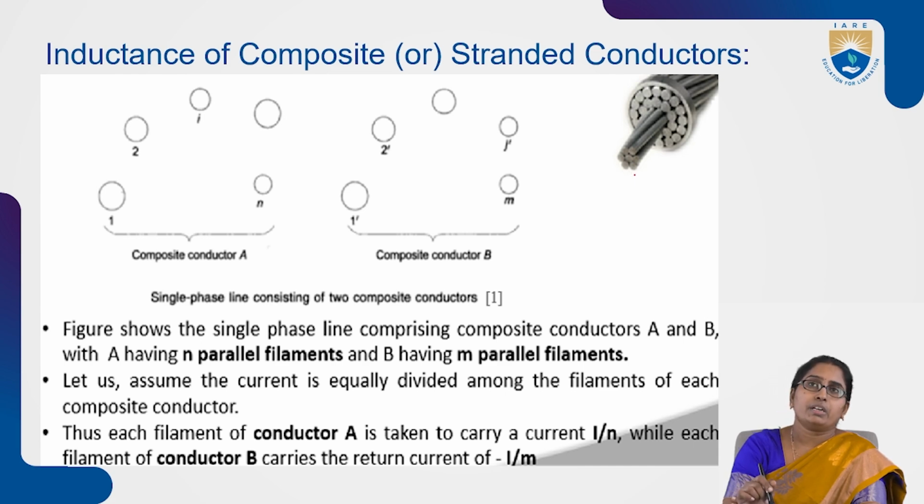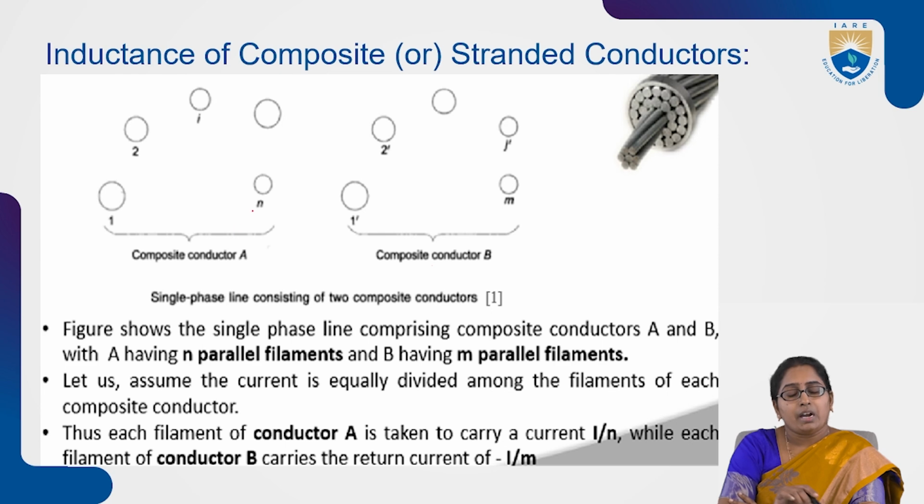Expression of inductance. Now consider, here they have considered two groups of conductors. So that means two conductors, each one is a stranded conductor, conductor A and conductor B. Conductor A has n number of conductors, and say conductor B has a total of m number of conductors, right?